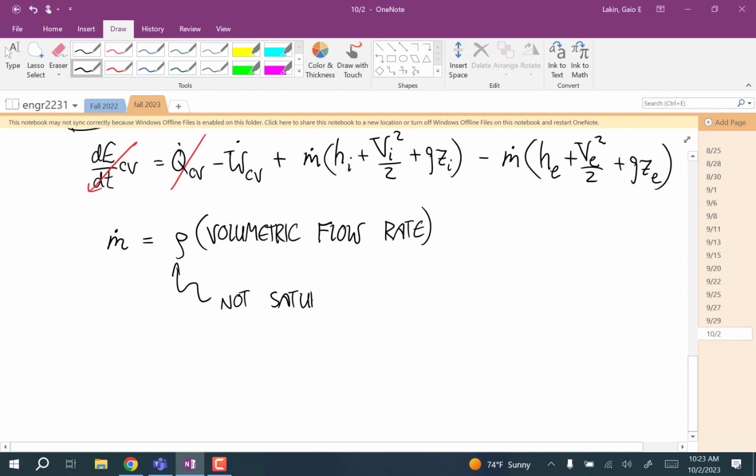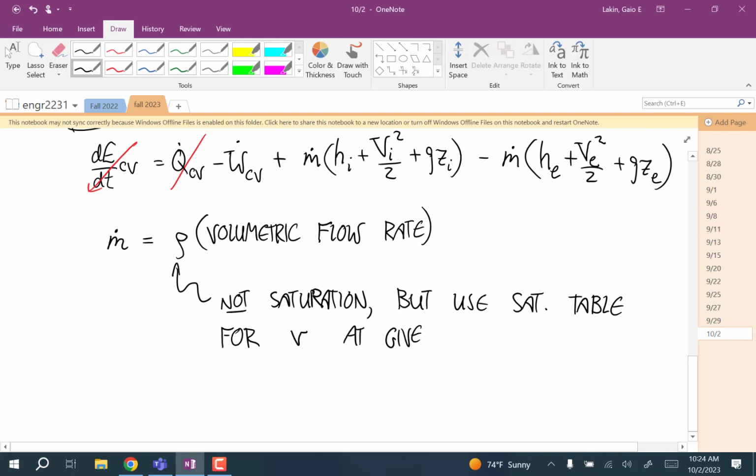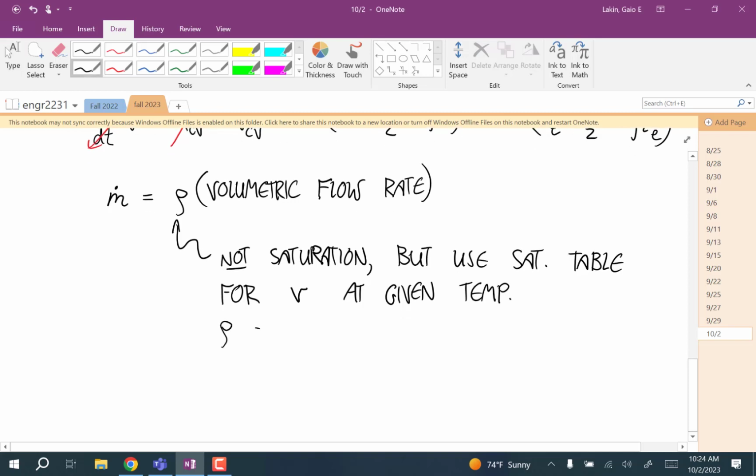So this is not at saturation. But use the saturation table for the specific volume at the given temperature. And then the density is 1 over that specific volume.